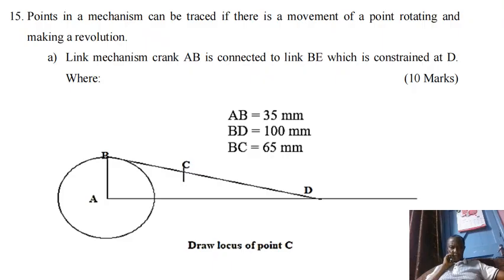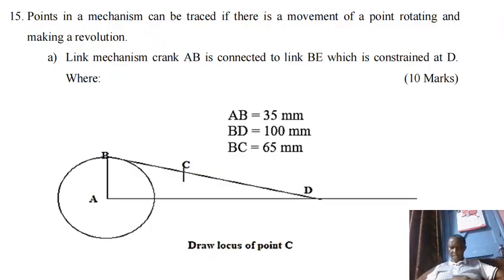This is a link mechanism, which I think I've also tackled in another video. And the question is, points in a mechanism can be traced if there is a movement of a point rotating and making a revolution. So link mechanism, crank AB is connected to link BE.